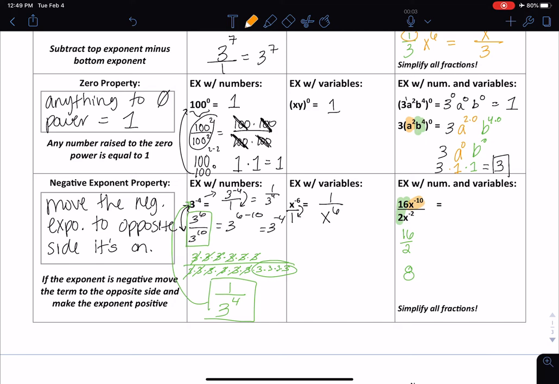I want the x and the negative 10 to become positive, so I move this one down. Okay, so now my 10 is on the bottom. Okay.